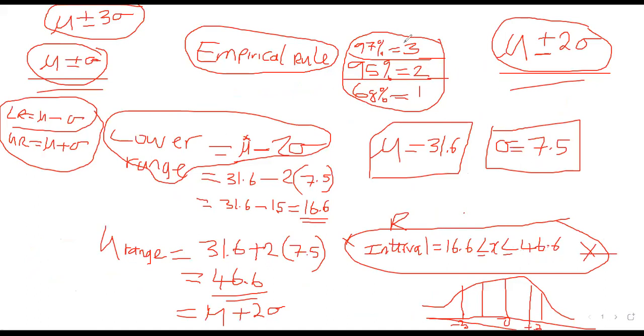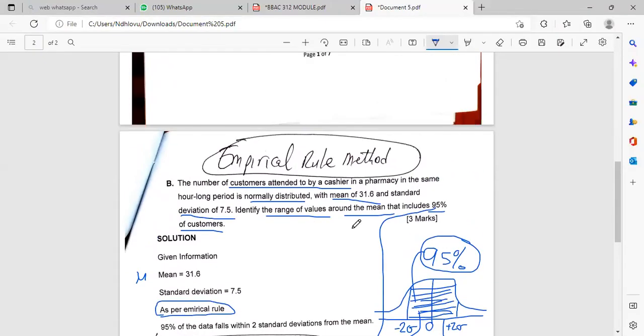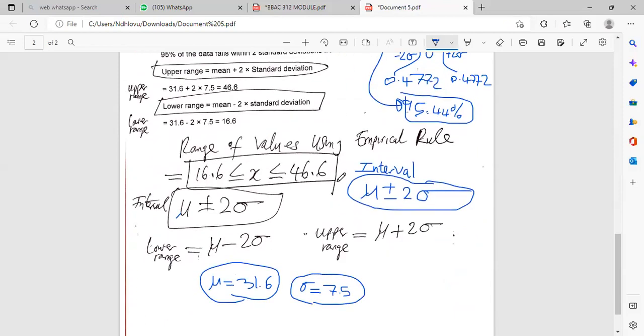That was the test paper done for part timings at the University of Osaka 25th.